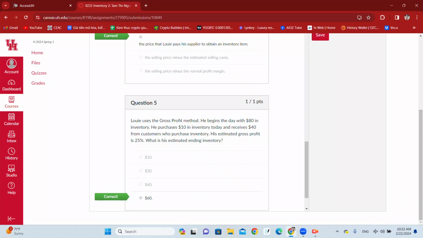Because forks cost you different amounts of money than spoons do, and by process, I mean the way in which you sell them differs. Sometimes you'll put forks in one area of the store, spoons in the other area.